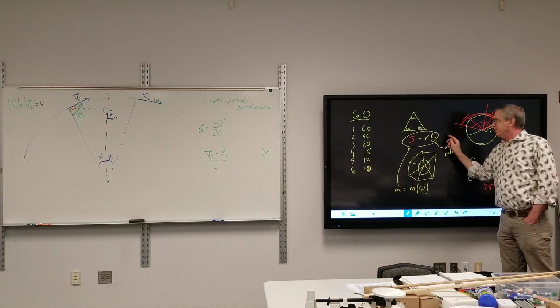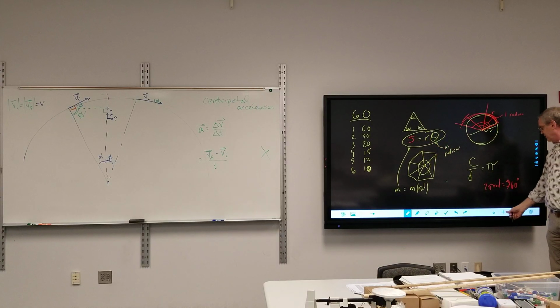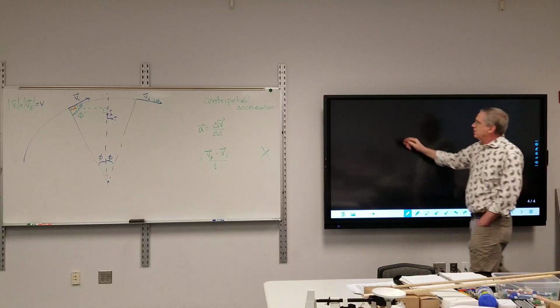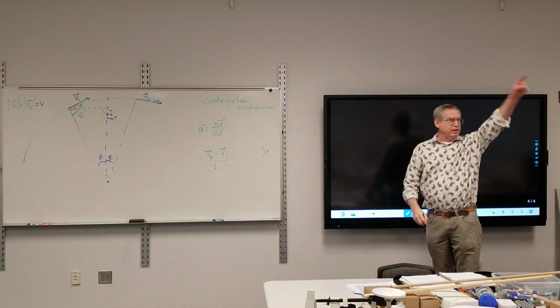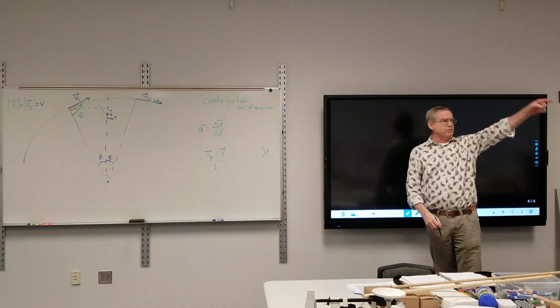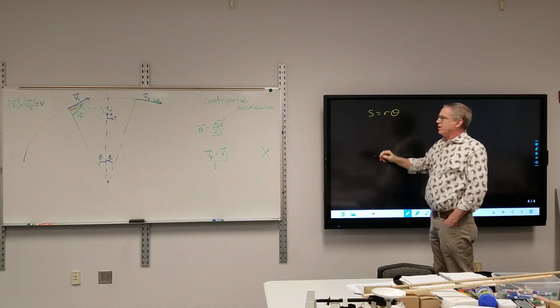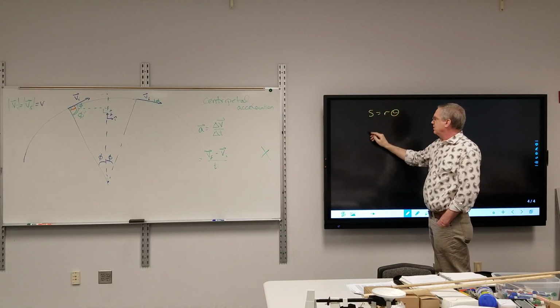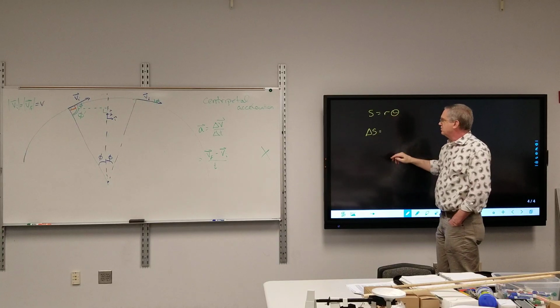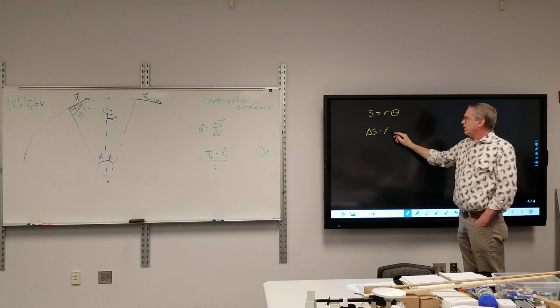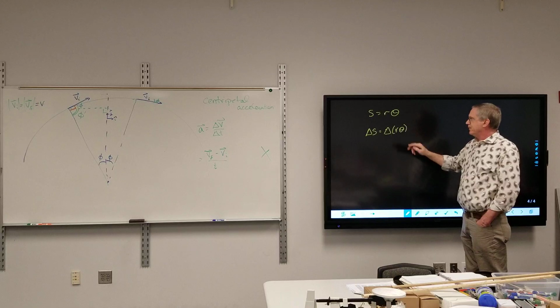So, with that relationship, we're going to extend it. If I'm talking about something traveling around in a circle, the arc length is basically the distance that was traveled. So if S equals R theta, then the distance traveled is equal to the change in R theta.